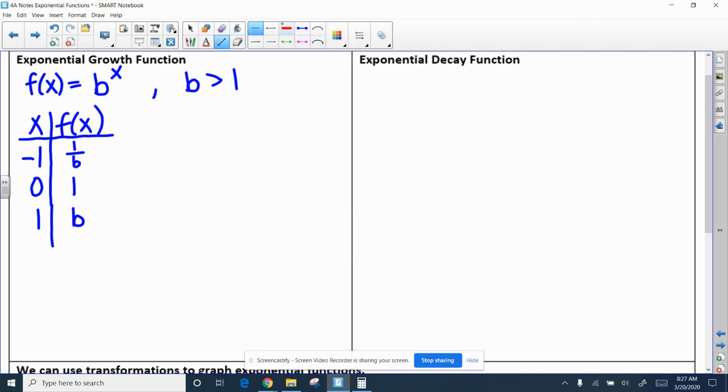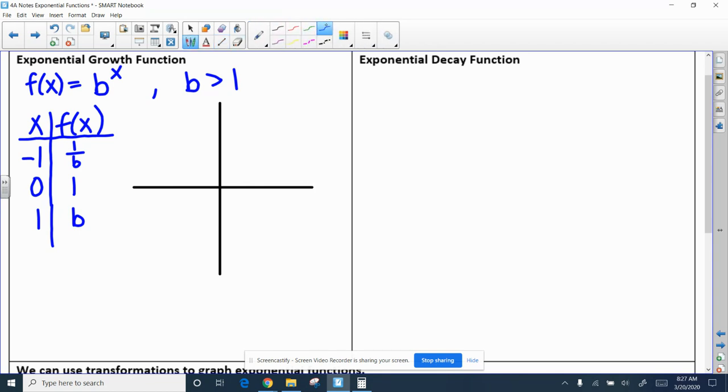Now, what's also true is any type of exponential growth function looks the same. It's going to look like the 2 to the x power that we just graphed. They're all going to have a point at (0, 1).